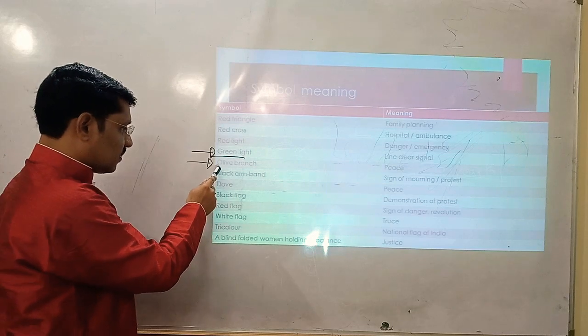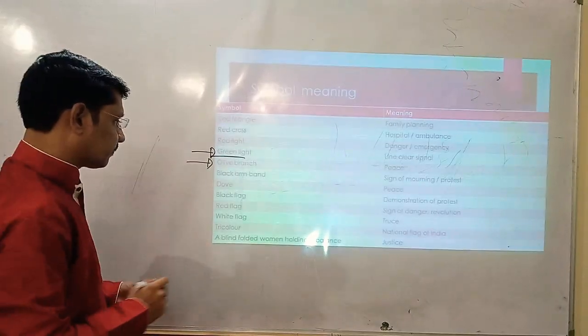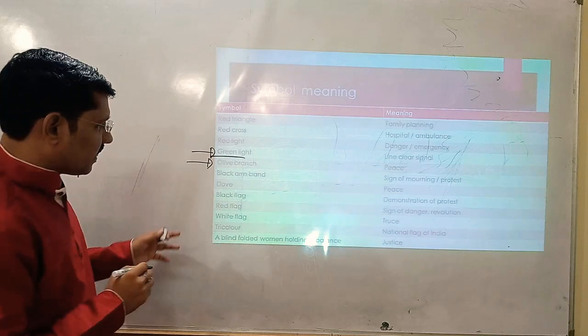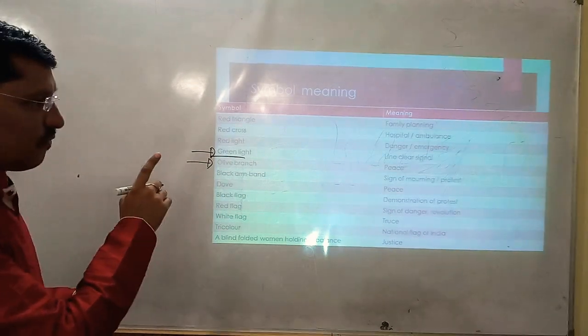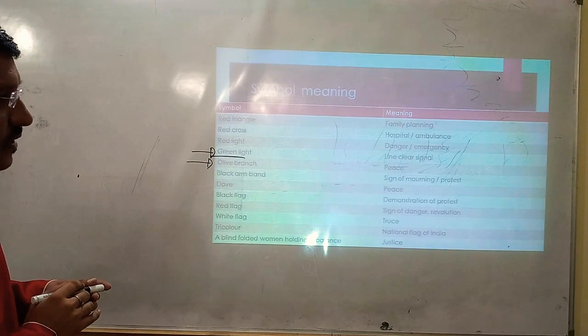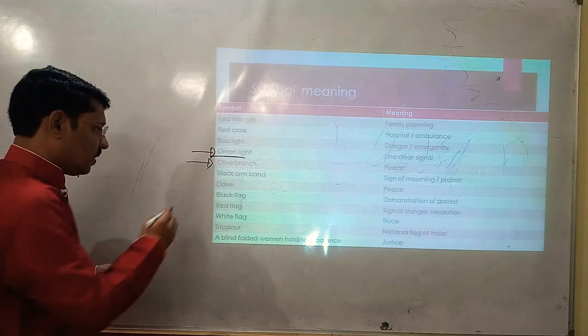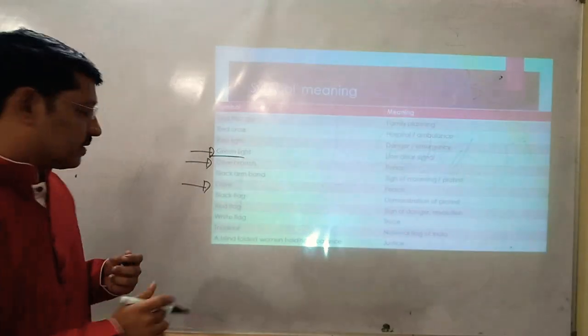The next one is olive branch. Olive branch means peace. Next one is black armbands, sign of mourning or otherwise protest. Then dove symbol, peace.